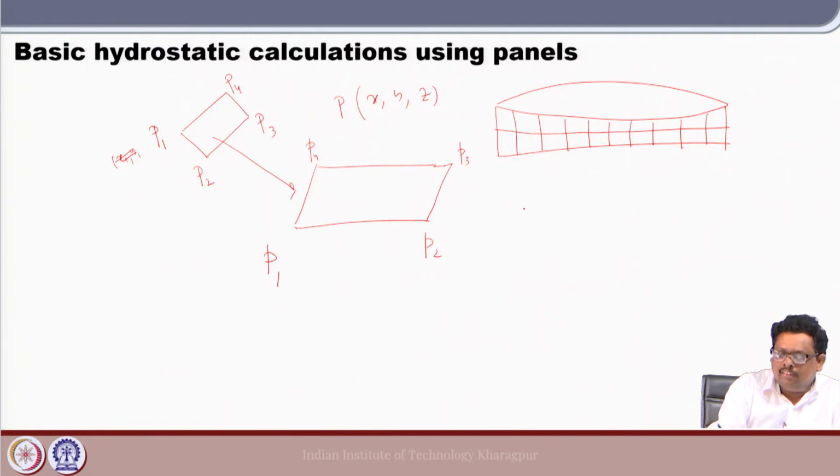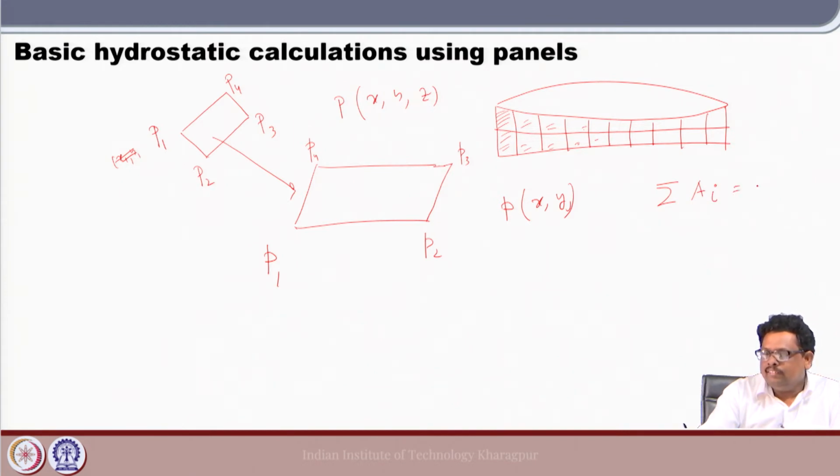And this small p is only a function of x, y, right. Also remember that we very simply know how to find the area of a quadrilateral. So we know the area of each panel. Now if you sum the areas of the panels, then you can get the weighted surface area.